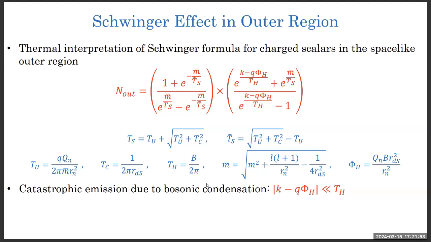Actually, we just wrote down this equation when I did this during the winter break, and then we discussed and tried to find the physical meaning of why we have catastrophic emission. This means that the electric field beyond the cosmological horizon decayed rapidly because of this bosonic condensation-like catastrophic emission.